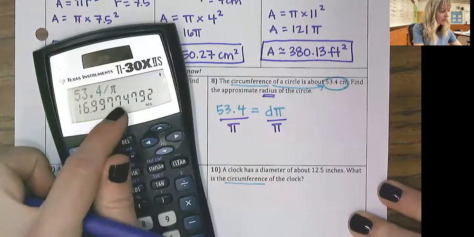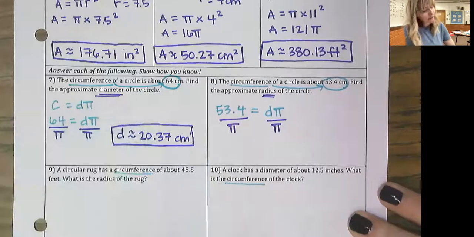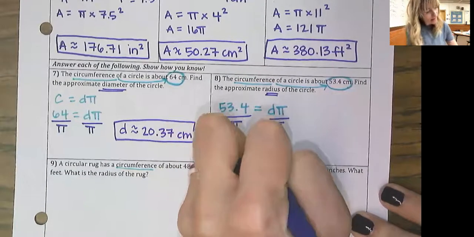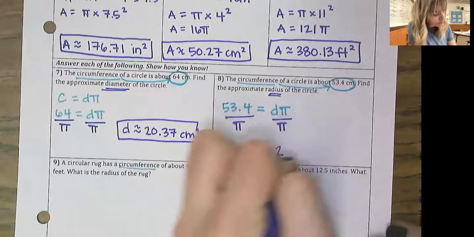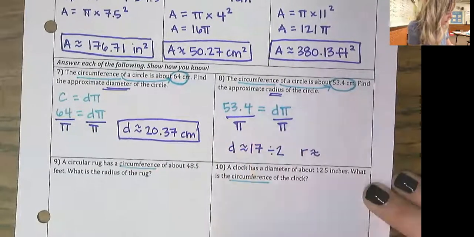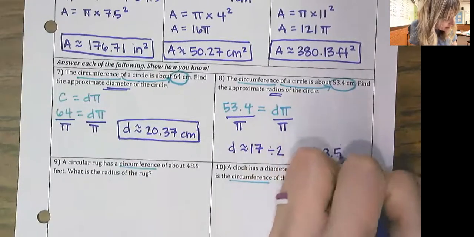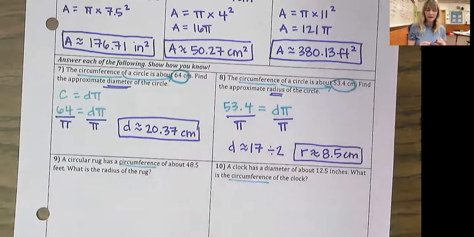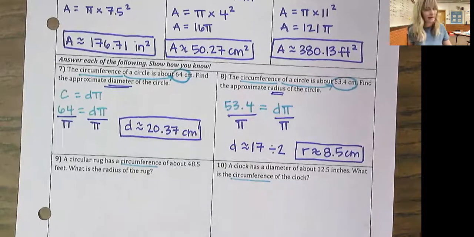That 7 is gonna bump that 9 up, which is gonna bump that up. This diameter is approximately 17. And it asked for radius, so I'm going to divide it by 2. So the radius is approximately 8.5 centimeters. Don't forget, if they say, what's the radius, you got to keep going. When you divide by pi, you get the diameter. If you need the radius, cut that in half.